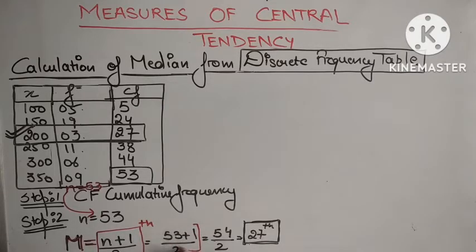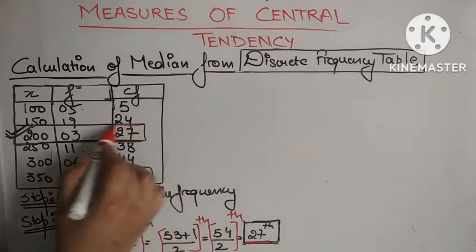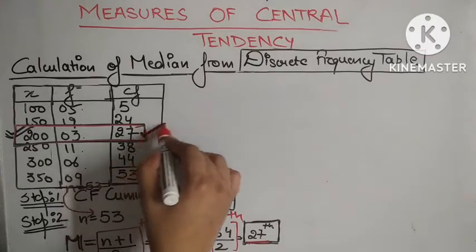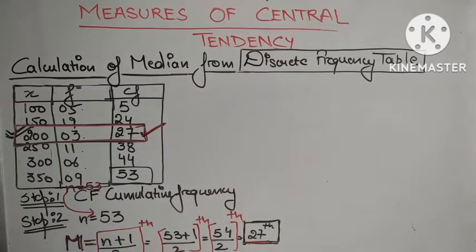So (53 plus 1) by 2, that is 54 by 2, that is the 27th. So in front of the 27th cumulative frequency, I have the x of 200, which is the answer. That is, 200 is your answer.